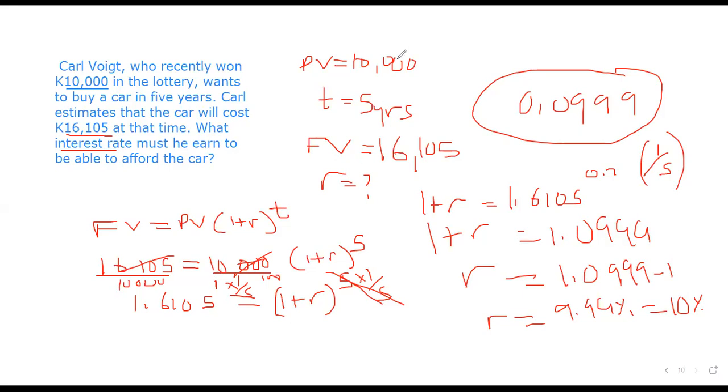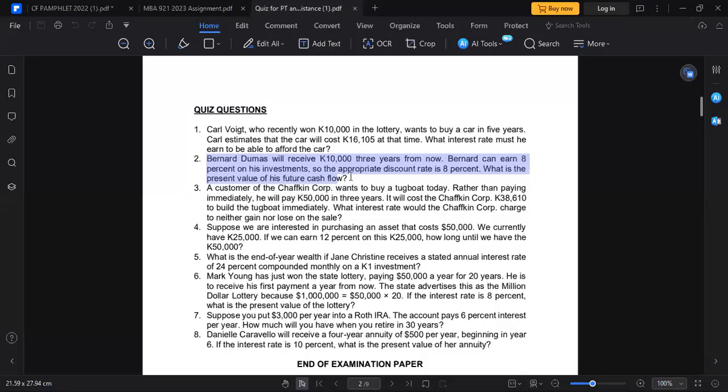Okay, let's go to question number 2. We're told that Bernard will receive 10,000 3 years from now. He can earn 8% on his investment, so the appropriate discount rate is 8%. What is the present value of these future cash flows? So what are we given here?